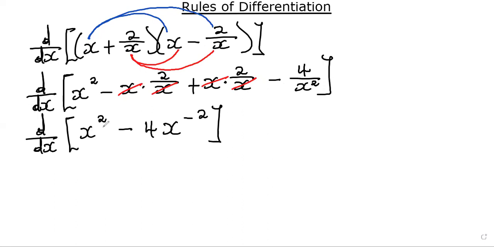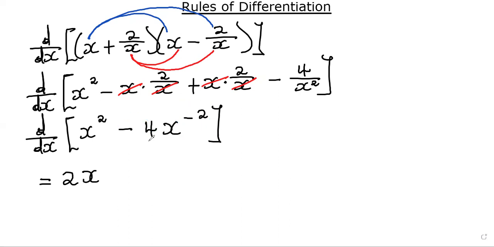Now we are ready to differentiate. So we just drop the notation. We say equals, and then we say derivative of x squared. We multiply the exponent by the coefficient, so we get a 2. And then we subtract 1 from the exponent. Then we come to this part. We multiply the exponent by the coefficient.